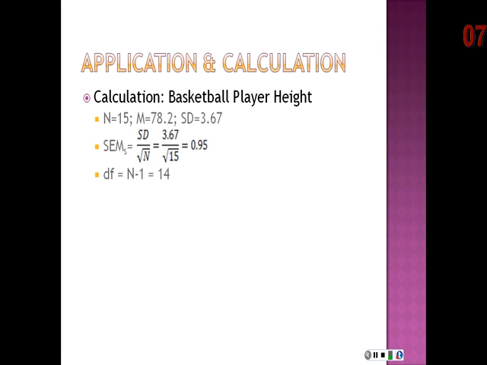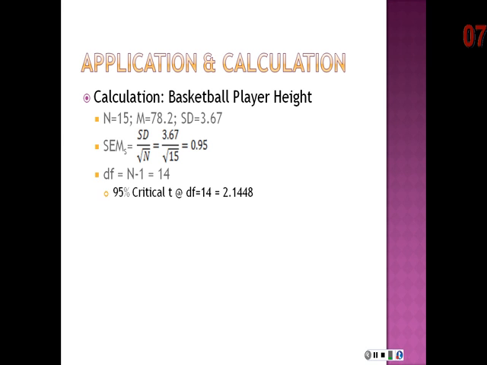And then we need to get our degrees of freedom. If you remember back to the lectures and the book about t-tests, degrees of freedom is n minus 1. So in this case, we have 15 minus 1, which equals 14. And we're going to use that 14 to identify our critical t. So we want to identify the 95% critical t at 14 degrees of freedom.